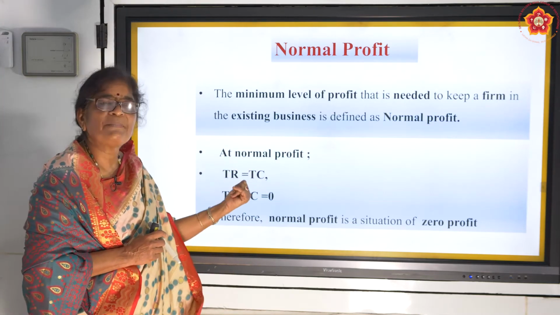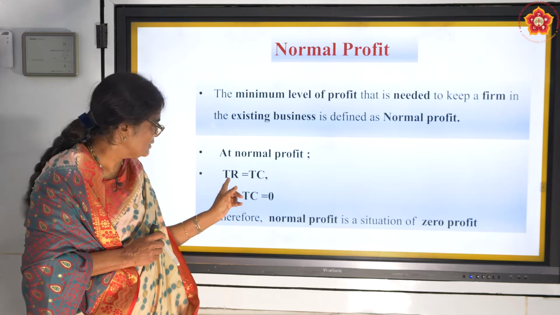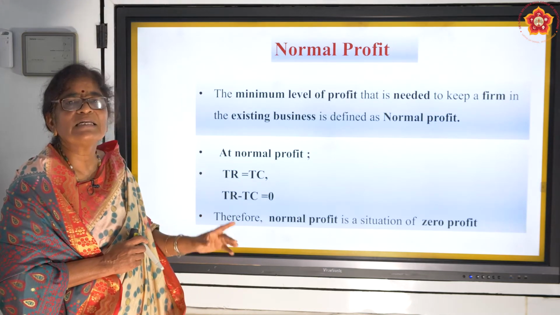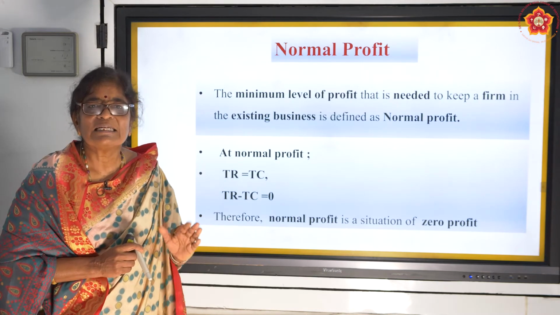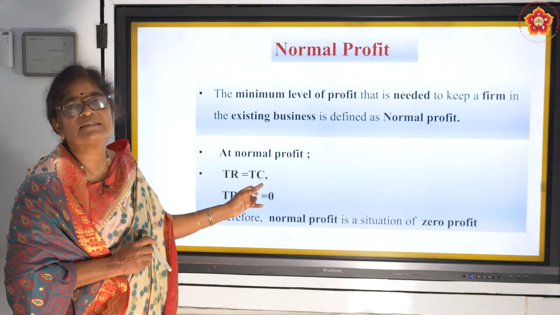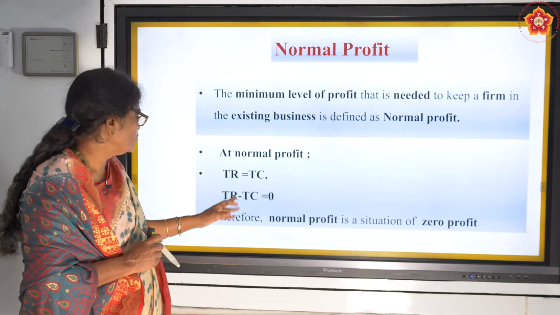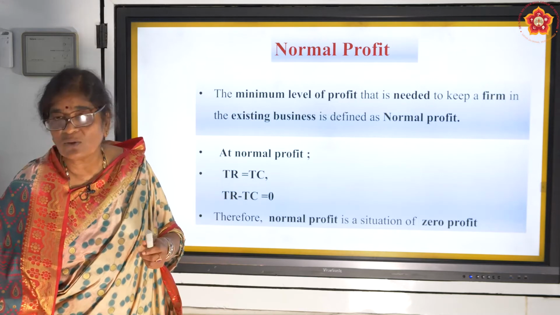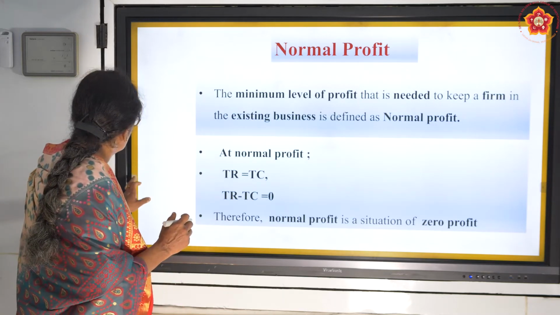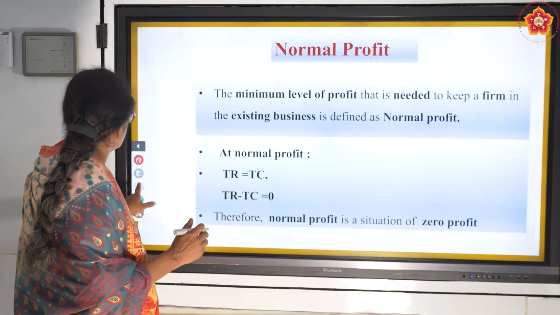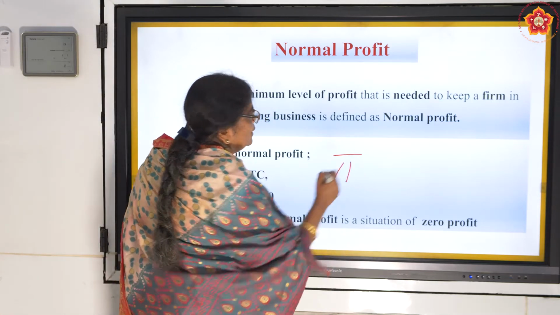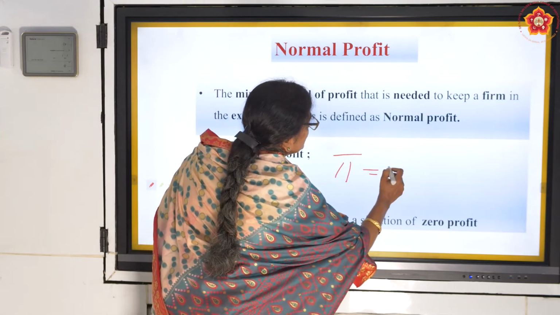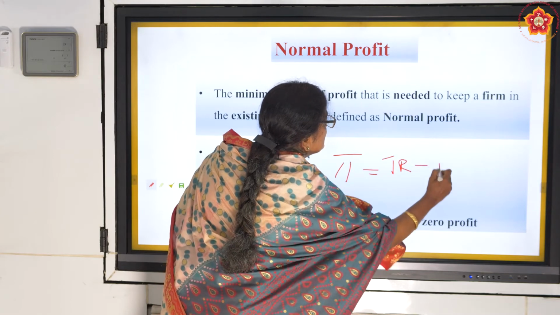At normal profit, what is happening? TR is equal to TC. This is the same condition we defined for the break-even point also. Break-even point and normal profit coincide at the same condition, that is TR equal to TC, or we can say AR equal to AC also. And what is profit? Profit, pi, is equal to TR minus TC.